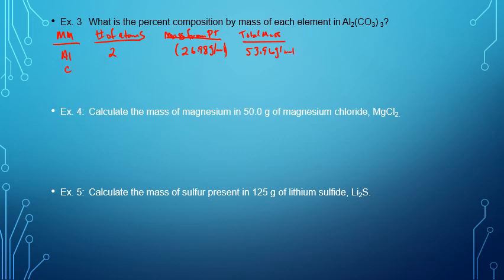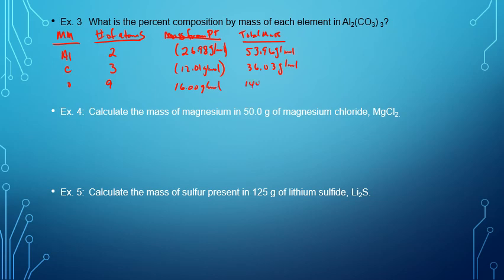For carbon, I have 3 times 1 for a total of 3 atoms, each one being 12.01 for the molar mass. So that will give me a total mass of 36.03 grams per mole. And then finally for oxygen, I have 9 atoms, again 16.00 grams per mole.